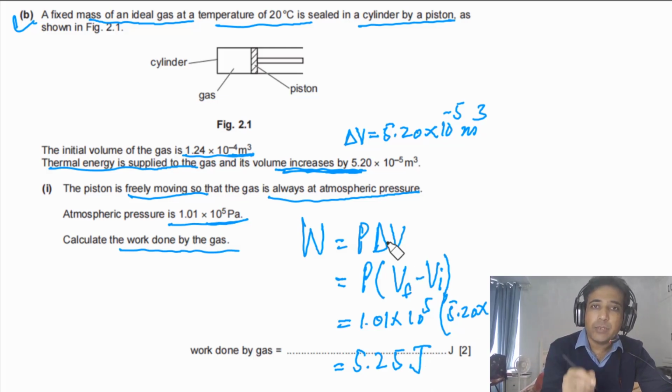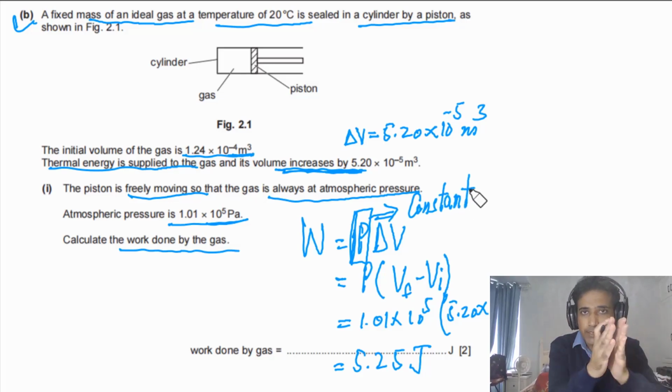Also this formula is only used if P is constant, so P has to be constant. They can ask you this question in different ways, but this formula is only valid if P is constant, when the gas is expanding or when the gas is compressed. So the answer for this question is 5.25.